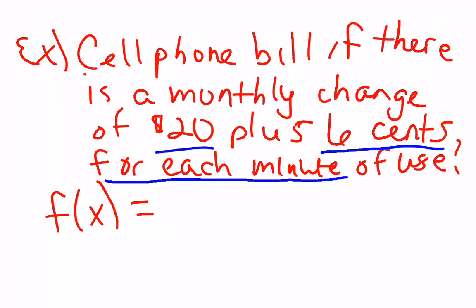So remember that's 0.06. So in this case, 0.06x, because x is however many minutes they used, we don't know. Plus, they're going to pay for the $20 flat fee. So anytime we see something where it says for each something, we know that that's going to be multiplied because we're going to see how much total that's going to be.